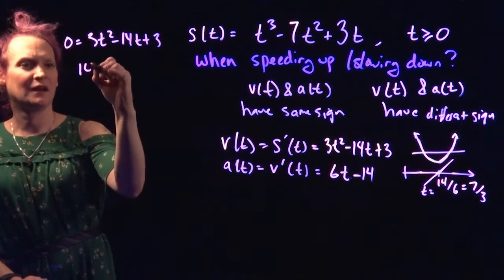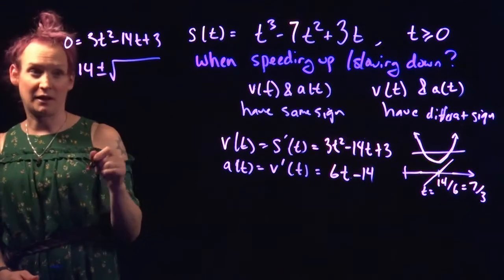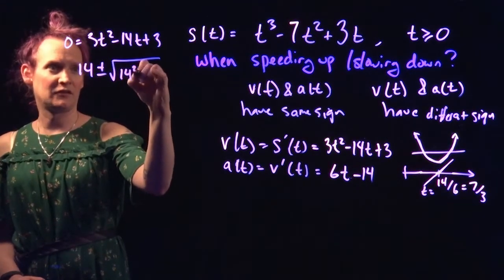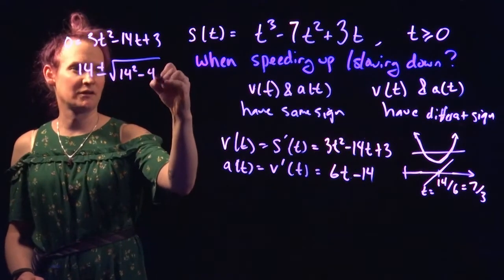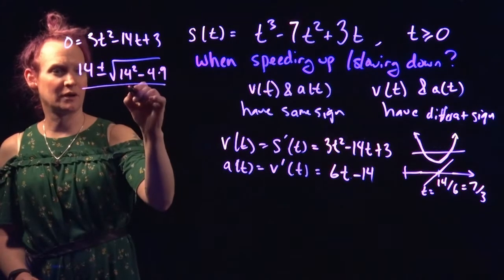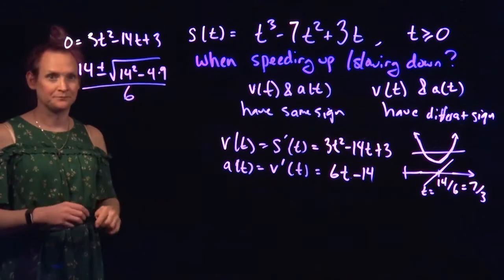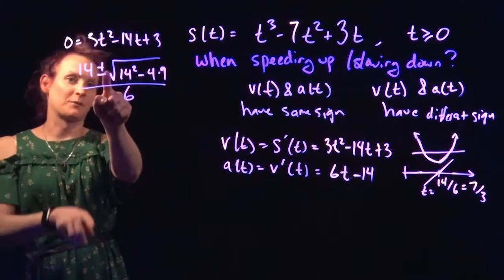Negative b plus or minus the square root of b squared, which is 14 squared, minus 4ac, 4 times 9, all over 6. So here's that 14/6 again, right here. And then we're plus and minusing.